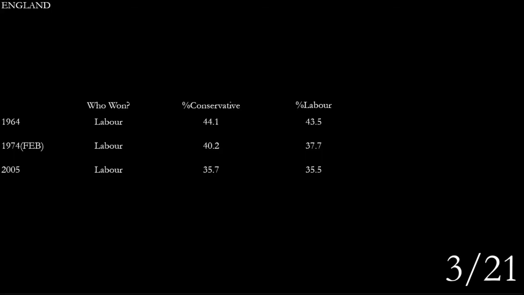And the thing is that all of these general elections that the English people differed on had Labour victories. So the only time that the English popular vote went against the United Kingdom was for the Conservative Party. It's just something to keep in mind.